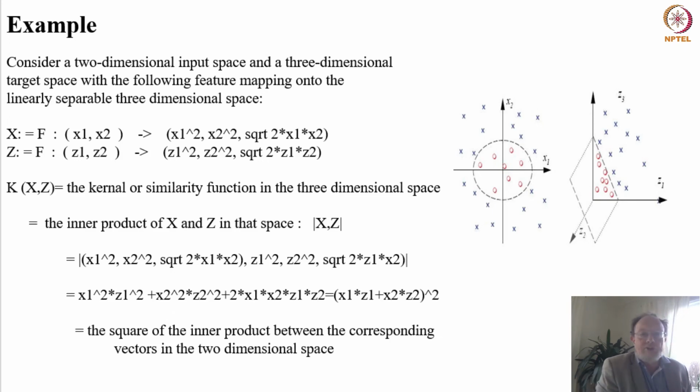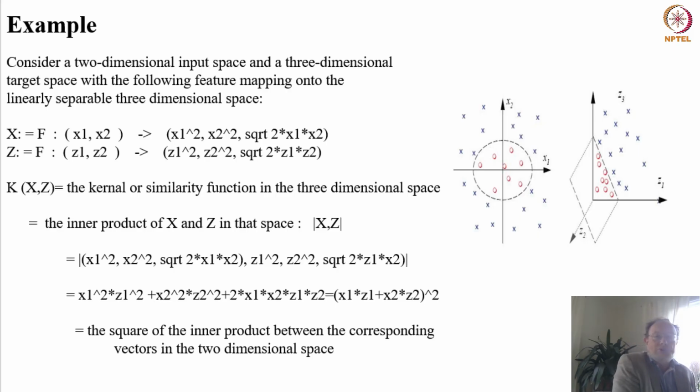So consider a two-dimensional input space and a three-dimensional target space with the following feature mapping onto the linearly separable three-dimensional space. To the right, you can see what we're trying to do. We have a two-dimensional space where we have instances that are not linearly separable. What we now try to find is a mapping that maps this space into a three-dimensional space where the instances are more clearly linearly separated.